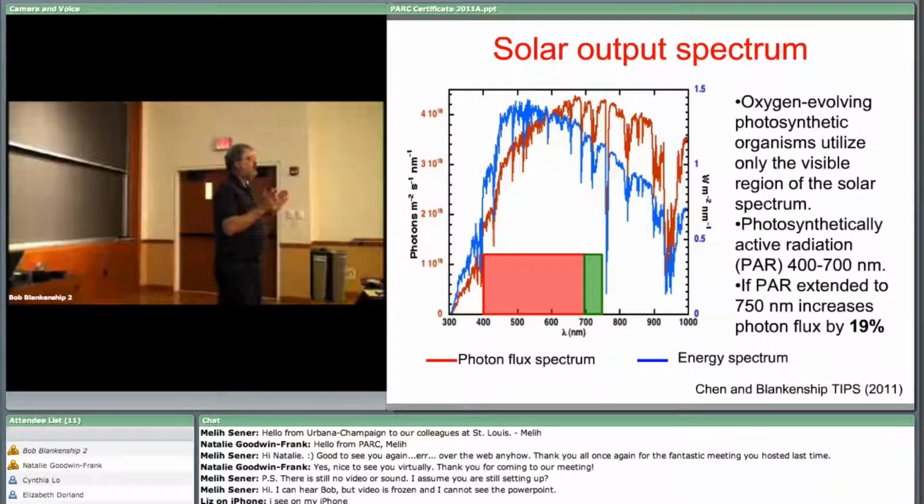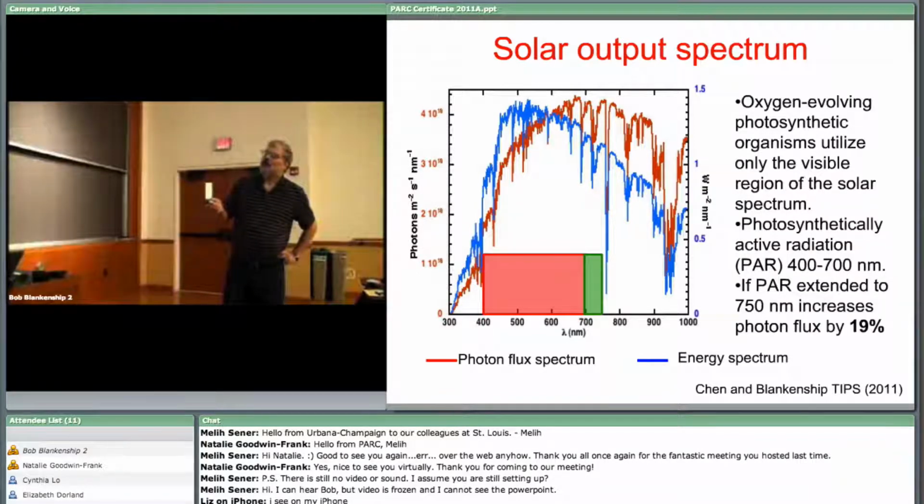And anything beyond that is just lost, it's wasted. So the solar spectrum, especially if you look at it in terms of what's called the photon flux spectrum, the number of photons per second per meter squared, is this red curve.